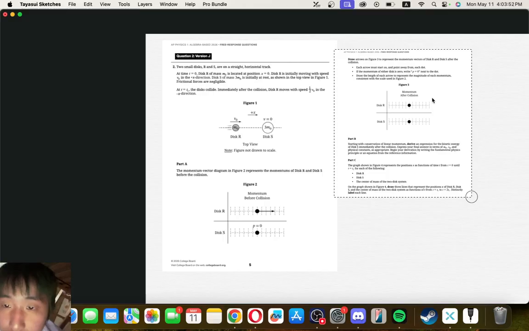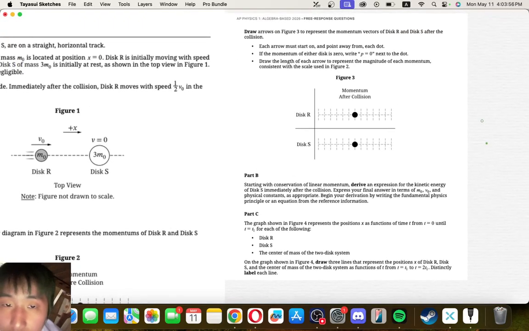It says, draw arrows on figure 3 to represent the momentum vectors of the disks after the collision.